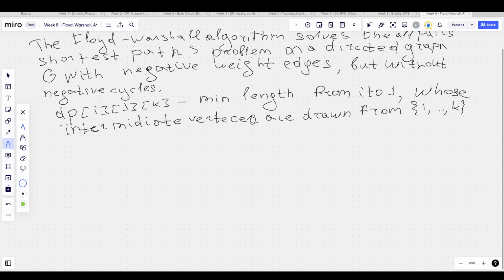So we need to allocate the base. The base will be dp i j zero: we don't take any vertices, so if there's an edge, we take this weight.